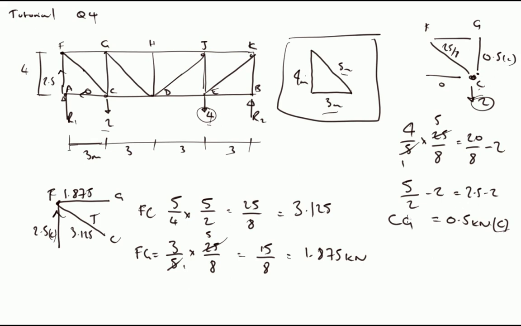Now I can come and do CD, which is my other horizontal load at this point here, and CD is equal to 3/5, that ratio, times the force in that FC member, which is 25/8.